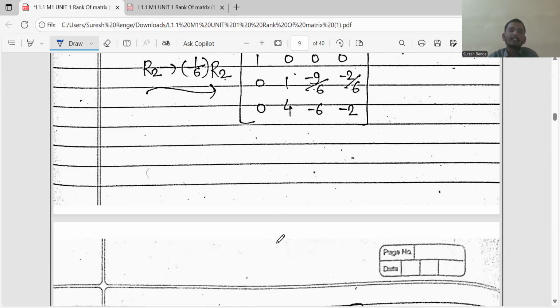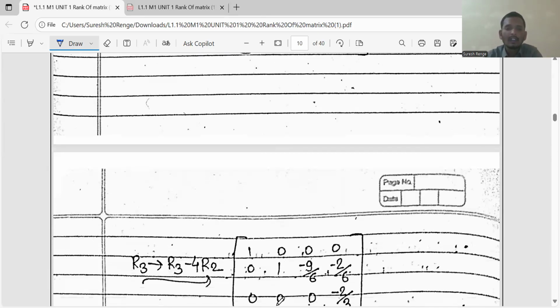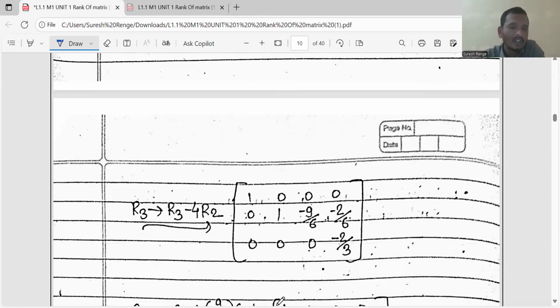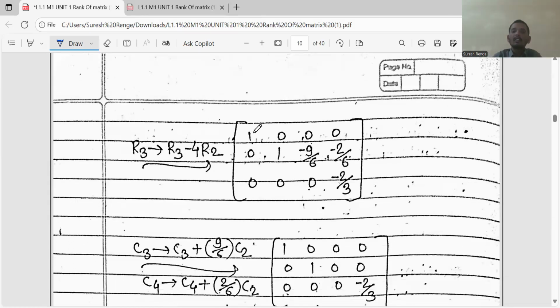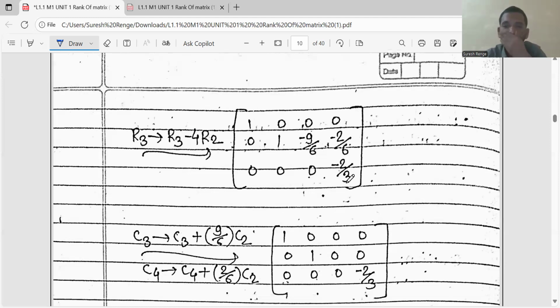We are applying these operations on this matrix. At that time the matrix gets converted into this format. Means what? 1 0 0 0, 0 1 minus 9 by 6 minus 2 by 6, 0 0 0 and minus 2 by 3.